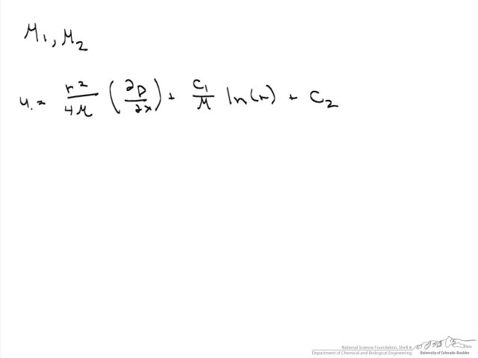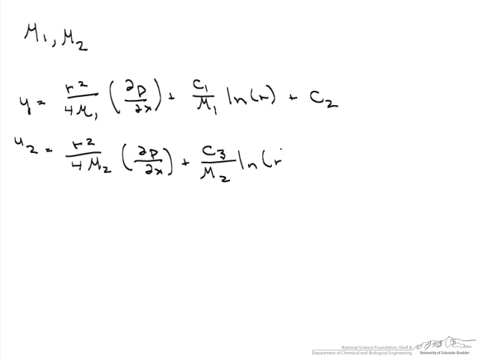However, we have two different velocity profiles, so we'll call that u1, and u2 is going to be exactly the same, except our viscosities are different, and our constants will be different as well. So we're going to need 4 boundary conditions because we have 4 constants, and let's draw a picture.